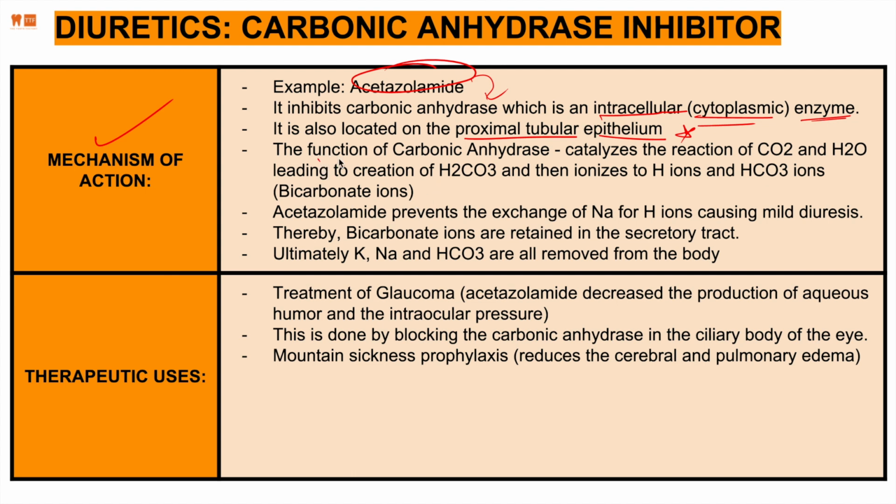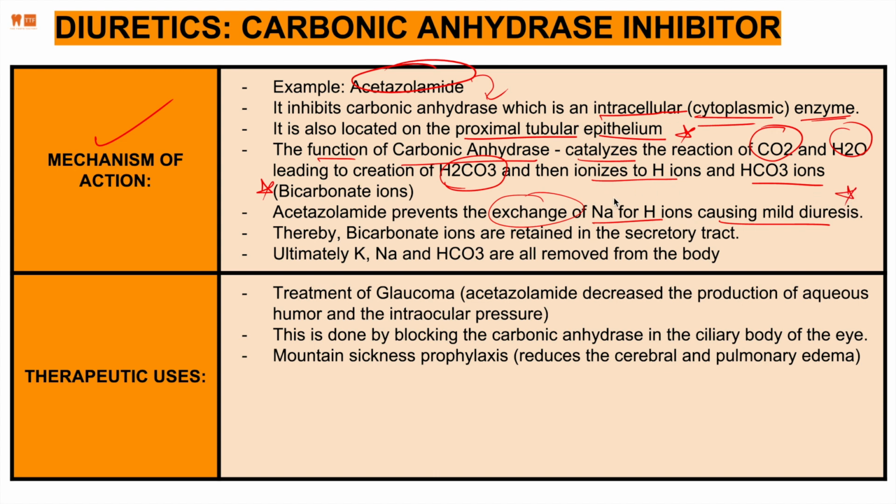Well, the normal function of carbonic anhydrase is catalyzing the reaction of carbon dioxide and water, leading to the creation of H2CO3, which then ionizes into H ions and bicarbonate ions. Acetazolamide prevents that exchange of sodium for hydrogen, causing mild diuresis.